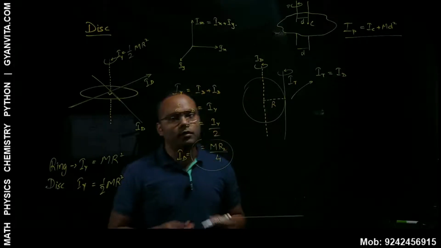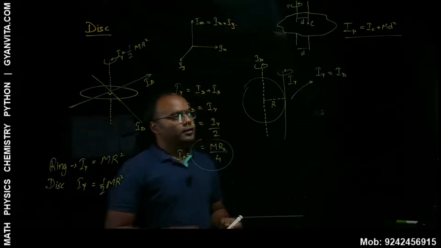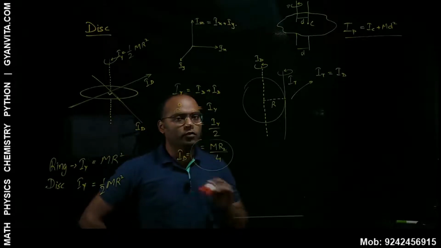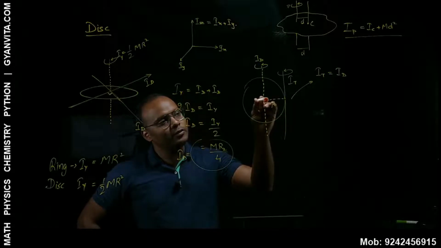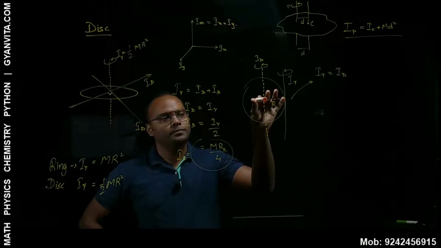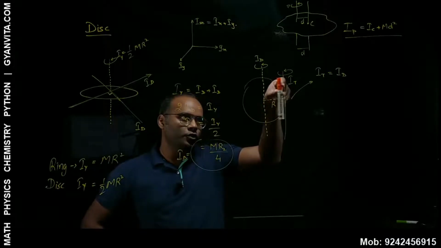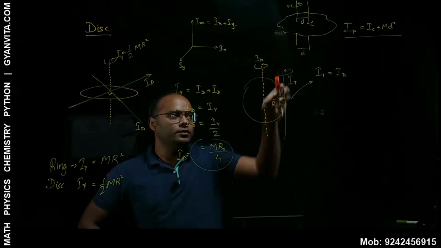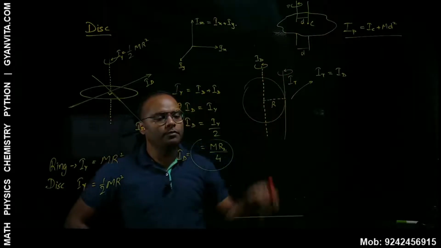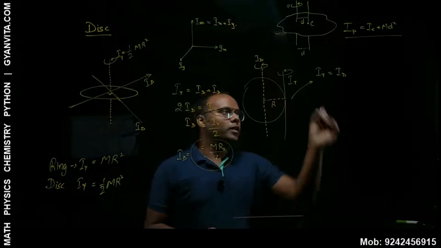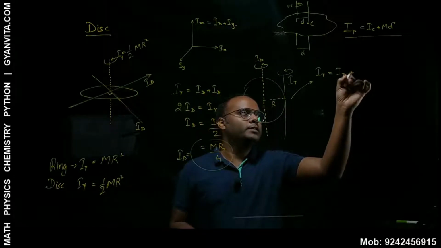Now, not along the center of mass, but about the axis which passes through the center of mass. This axis also passes through the center of mass, but we are not considering this because, if we want to apply the parallel axis theorem, these two axes should be parallel. So for IT, I am considering the diameter. So IT will be equal to ID plus m d square.